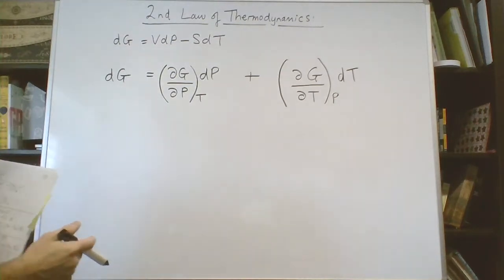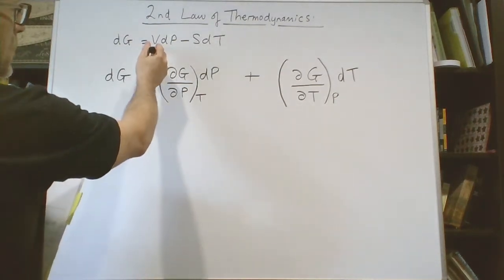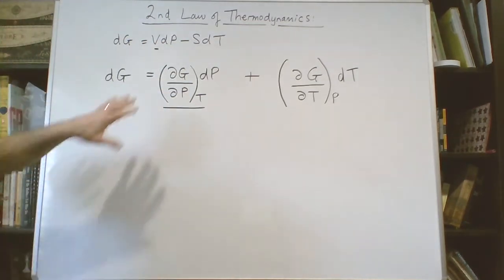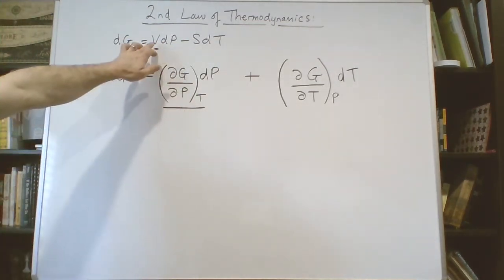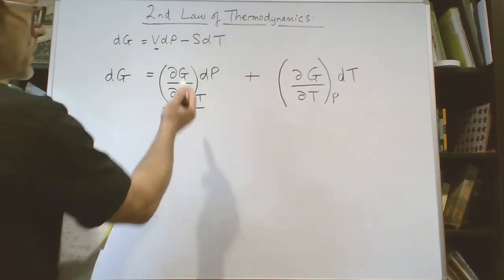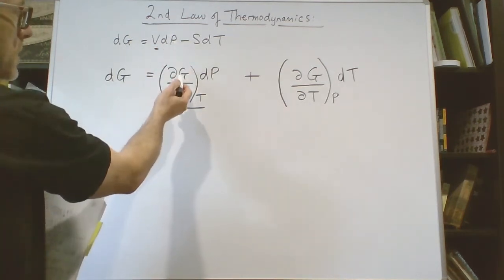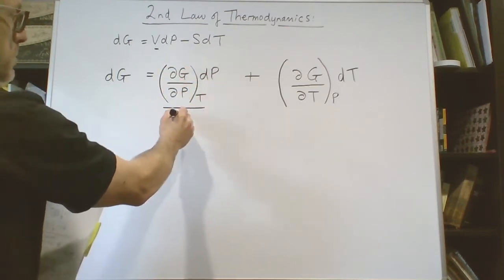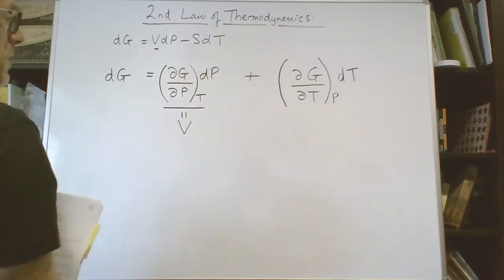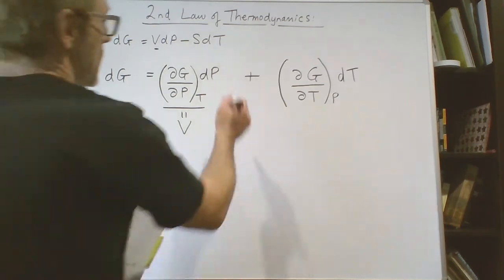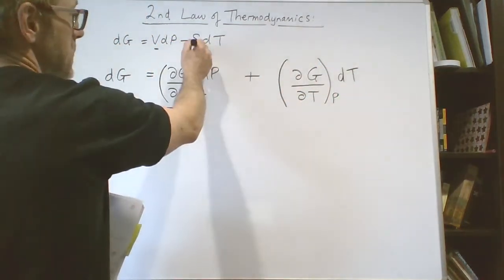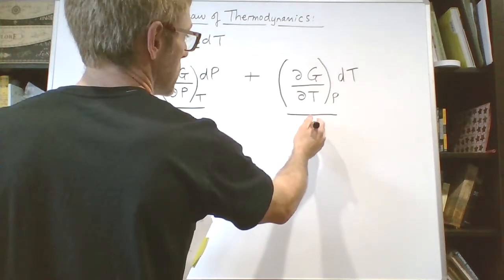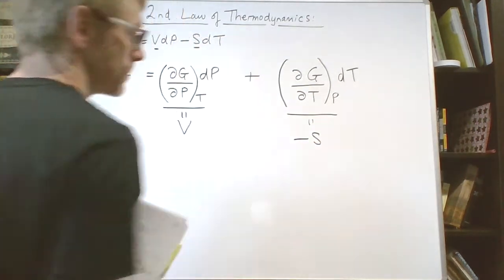Through an analogy, I know that this parenthetical term must be volume because I've got VdP, parenthesis term dP, so this whole thing must be equal to V. And likewise, I've got my dT here, so this whole thing must be equal to negative entropy.